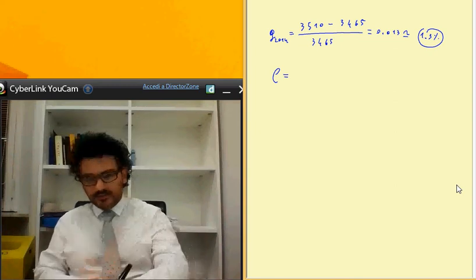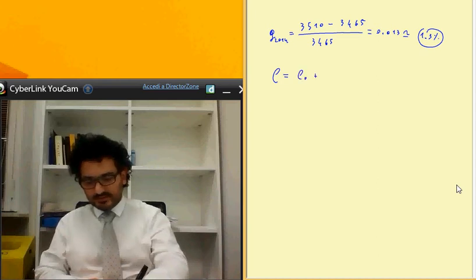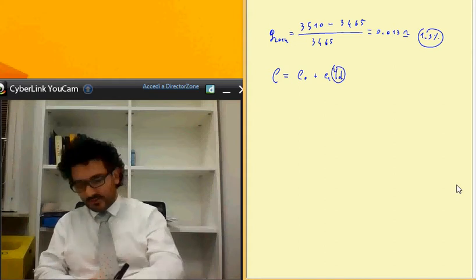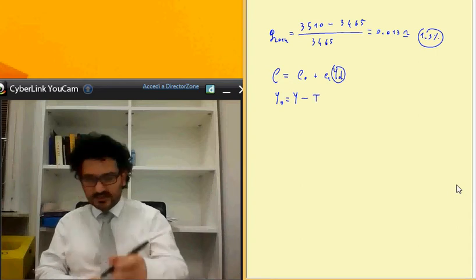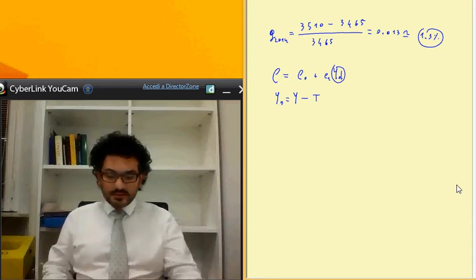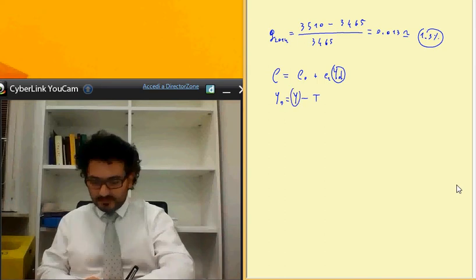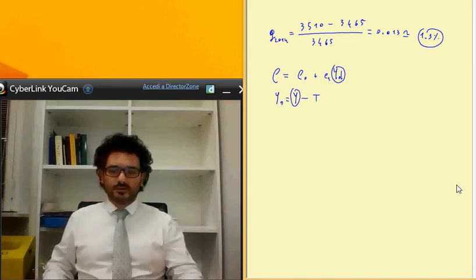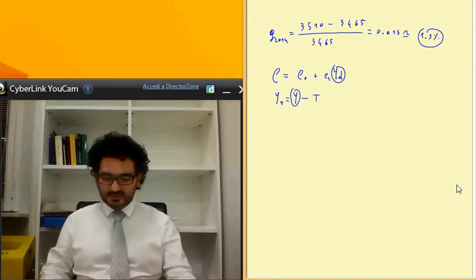The consumption can be expressed as C0 plus C1 multiplied by YD. YD is disposable income, which is defined as the income minus the level of taxes. But the income is the same as the gross domestic product.